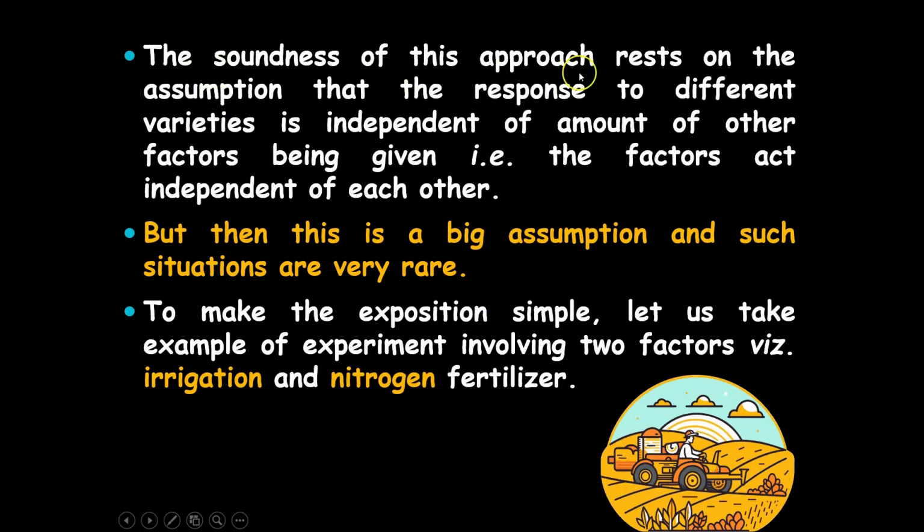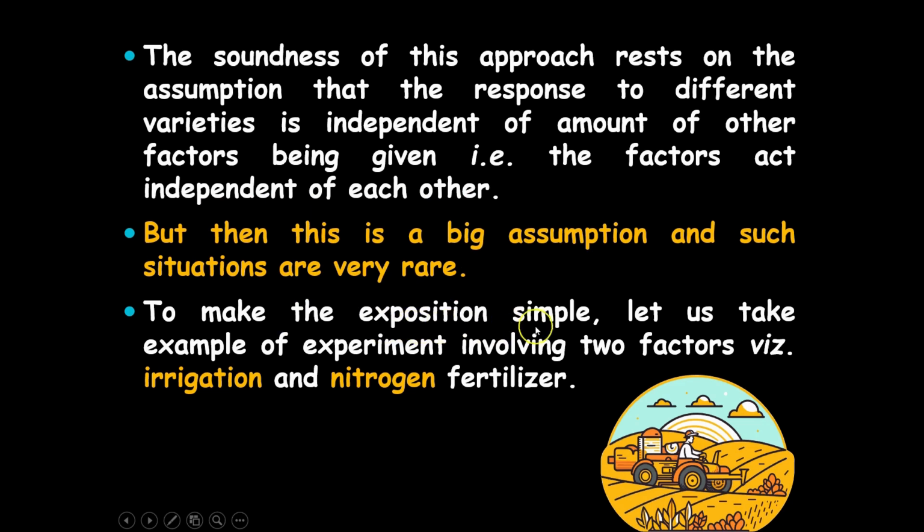The soundness of this approach rests on the assumption that the response to different varieties is independent of the amount of other factors being given. That is, these factors act independently of each other. But this is a big assumption, and such situations are very rare.